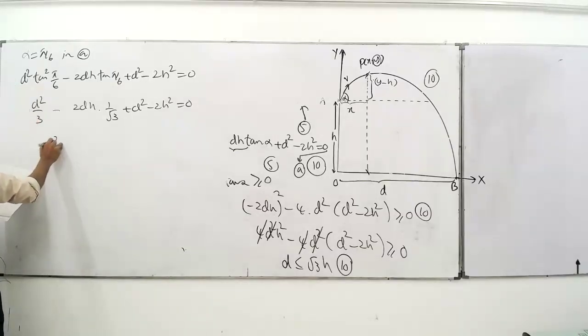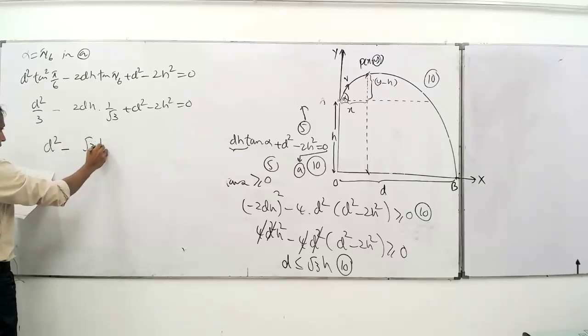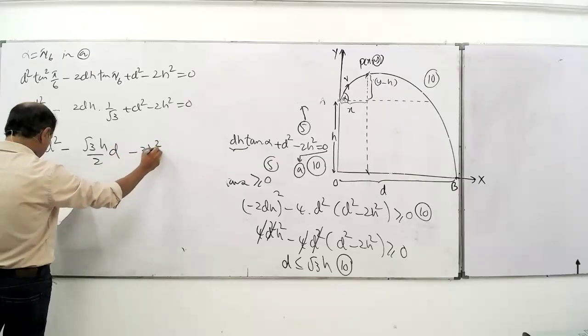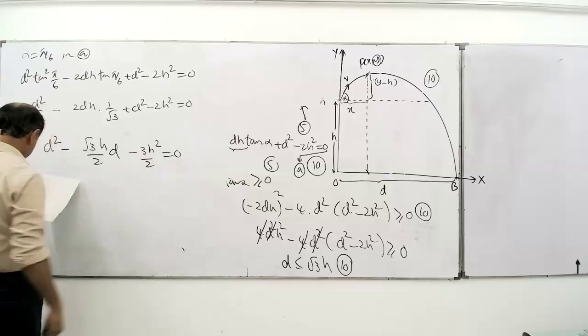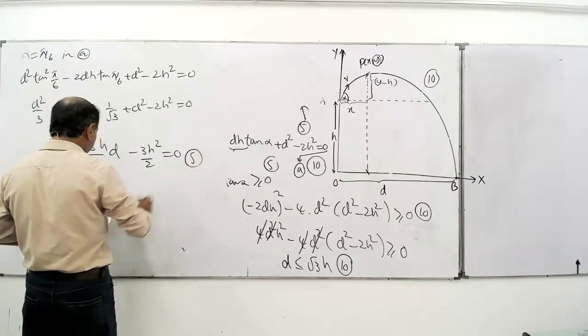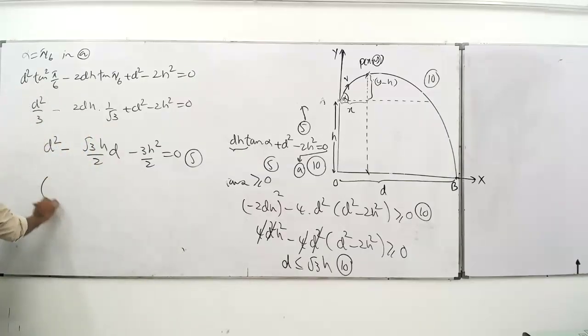Okay. The quadratic equation in d, we get d squared minus root 3h over 2 d, right? Minus 3h squared over 2 equals 0. We get it like this. Right. For this, 5 marks. Now, this quadratic equation you can factorize this way.